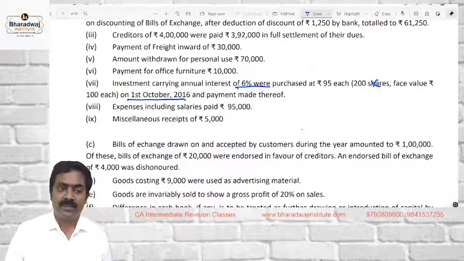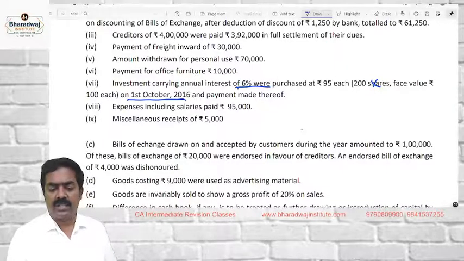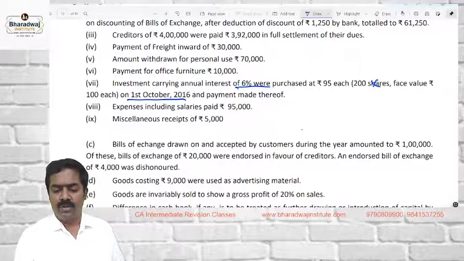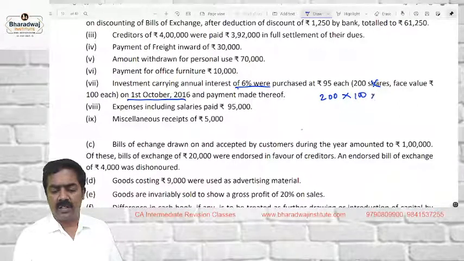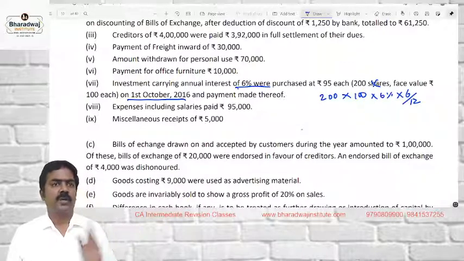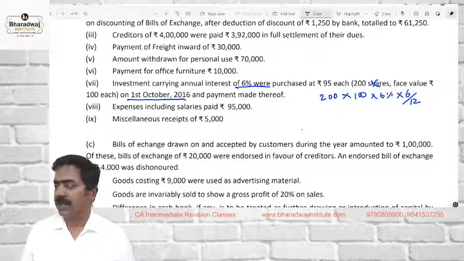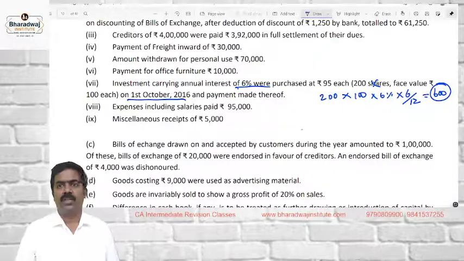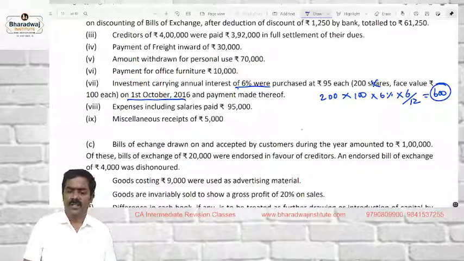How many months? 6 months. So interest will be worked out based on face value. So 200 into 100 into 6% for 6 months, October to March. How much do you get? This 600 will be shown as accrued interest. Accrued interest from investments. Please note this.